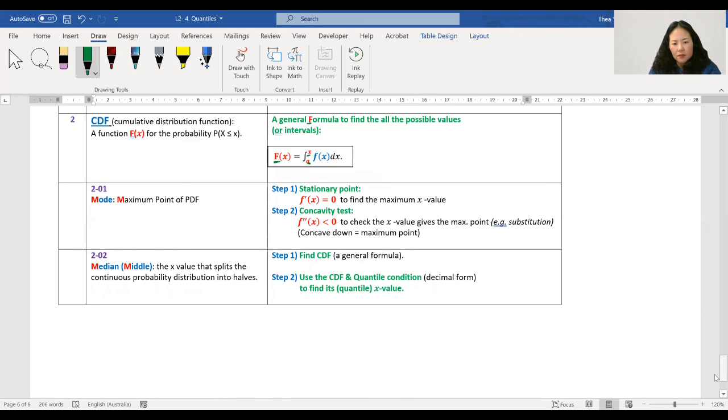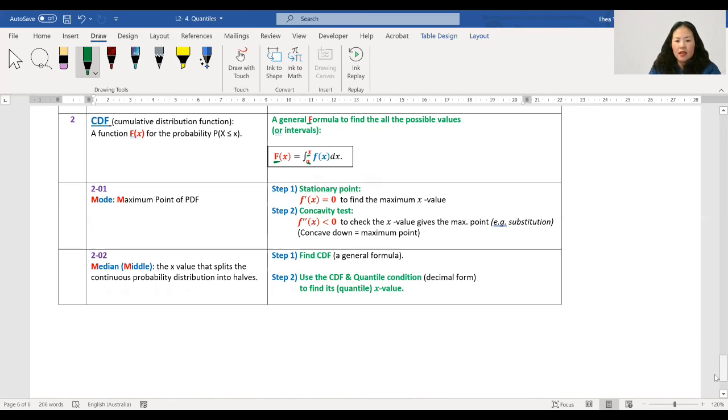To find the maximum point, we had to do stationary points: the first derivative f dash x equals 0, to find the possible x value. Step 2, we had to check using concavity.